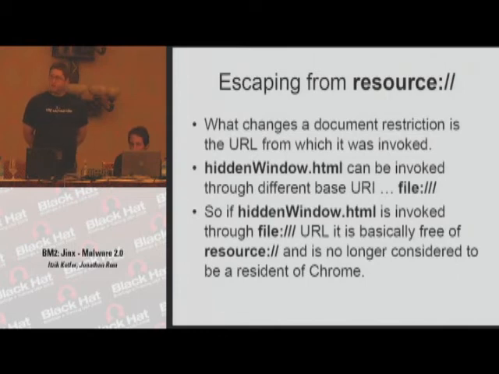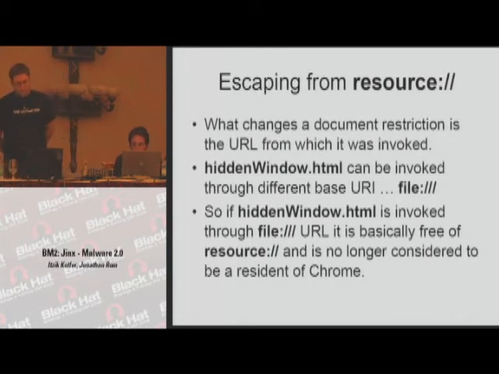To better understand the jailbreak procedure, one has to understand where the restriction comes from. It comes from the fact that we are being invoked from a special URI called resource. Now, the resource URI imposes some restrictions on the elements resident inside.